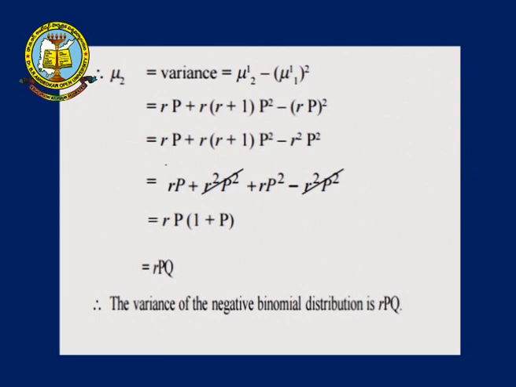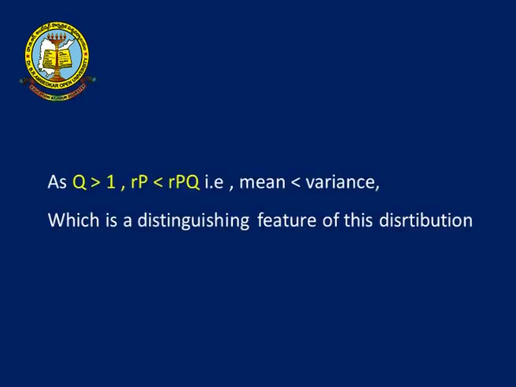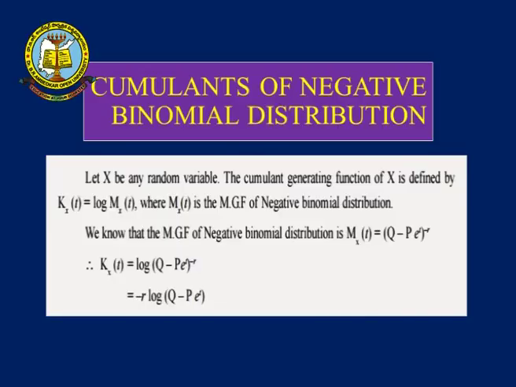Small r into P. The variance of the negative binomial distribution is r into P into Q. As Q is greater than 1, rP is less than rPQ, that is, the mean is less than the variance, which is a distinguishing feature of this distribution. Why do we call this a distinguishing feature? Mean is less than variance is the only uniqueness of this distribution.